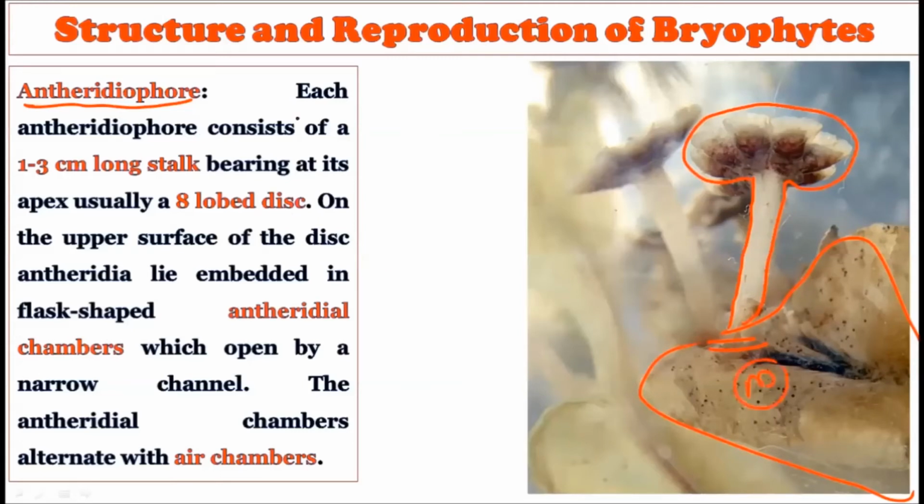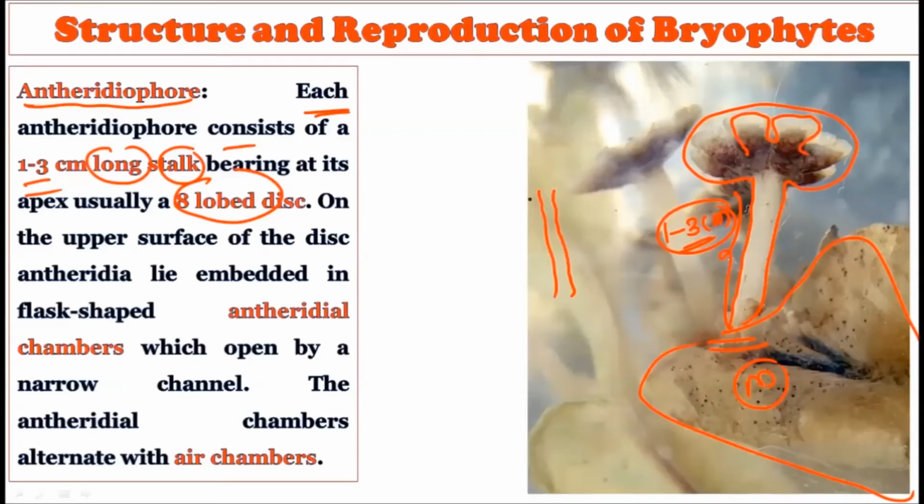Okay. Now, see, the antheridiophore consists of a 1 to 3 centimeter long stalk. What is the length of the stalk? It is a 1 to 3 centimeter long stalk, and it is generally an 8 lobed disc. Always you find 8 lobes in this particular disc, just like this. This is the first lobe, 2, 3, 4, 5, 6, 7, and 8.